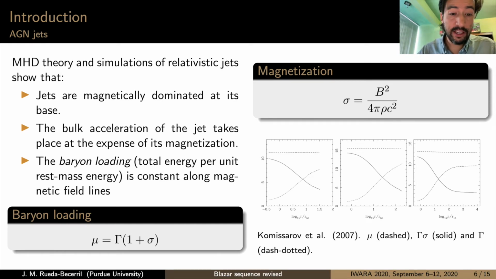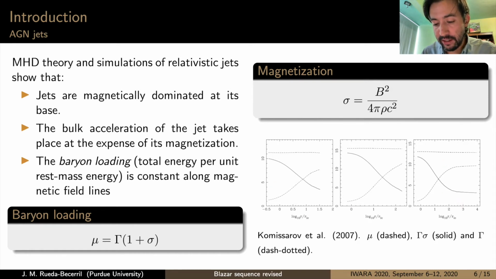On the theoretical side, we know that MHD theory has shown that relativistic jets are magnetically dominated at their base. They have a bulk acceleration that takes place at the expense of their magnetization, meaning that as the jet accelerates, the magnetization drops, just as we see in the plots here on the right hand side.